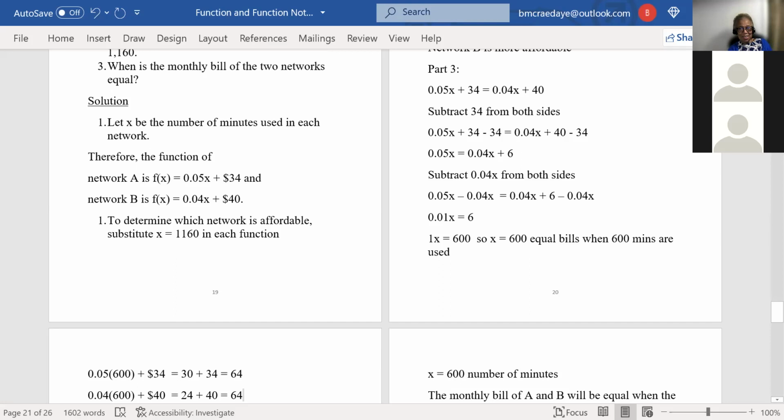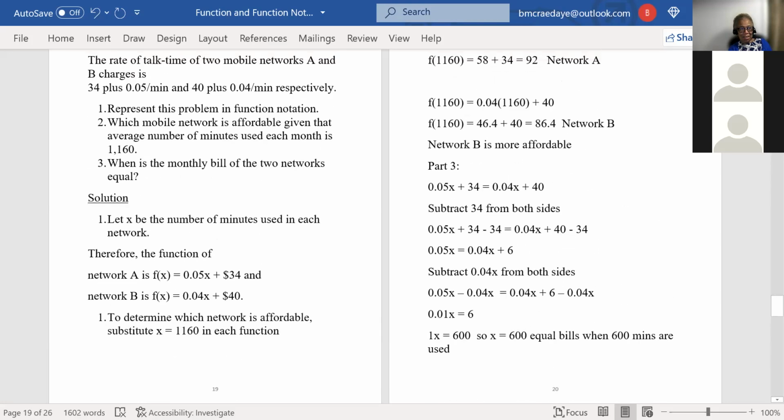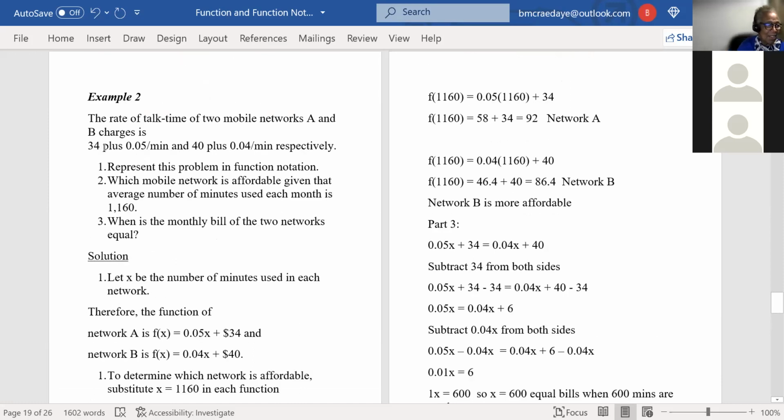Okay, all right, let's go back. It's like two parts or three. Here you're given two networks. First, you had to write it in function notation. The function notation is that constant plus the variable.